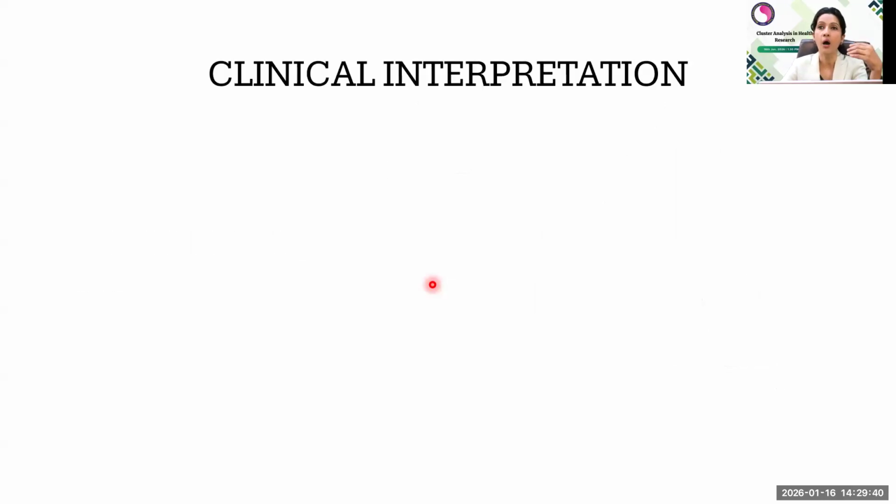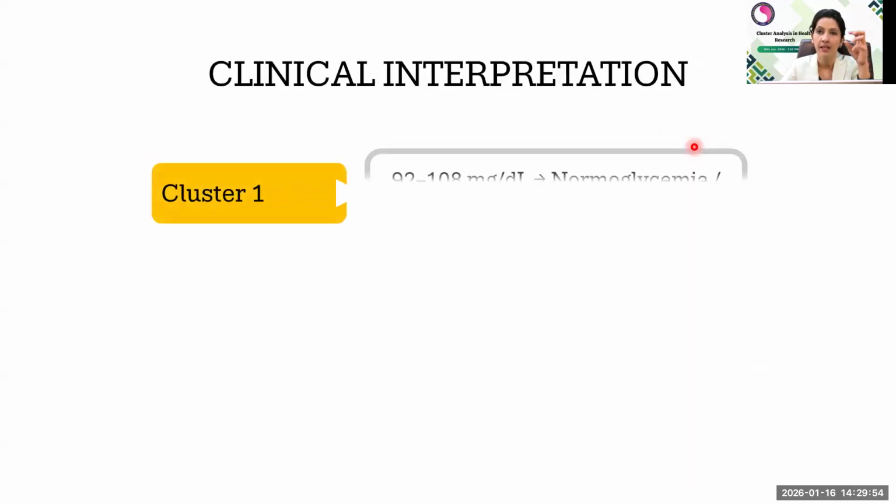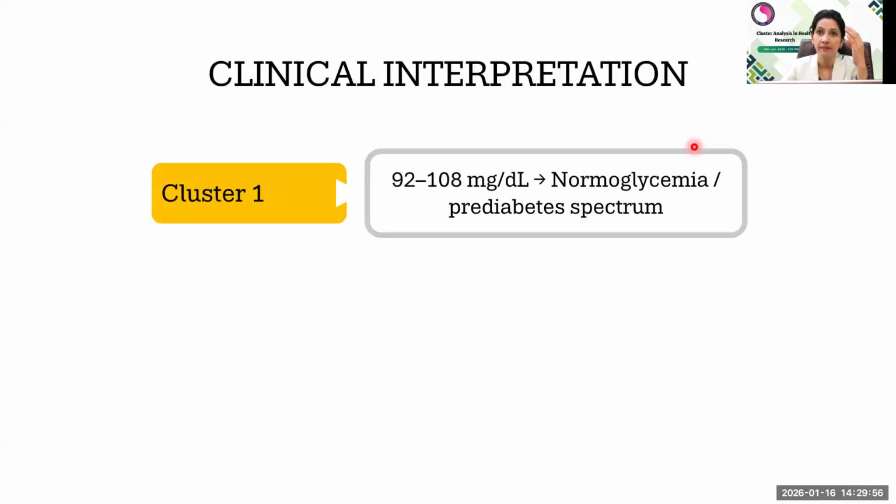So now, how do we do the clinical interpretation? If you see this, these are the values. If you can recall, these are the fasting blood sugar values. So what clinical interpretation will I make? I will say that there is one cluster where the blood sugar range is from 92 to 108, so they may be under the pre-diabetic spectrum or normoglycemia.